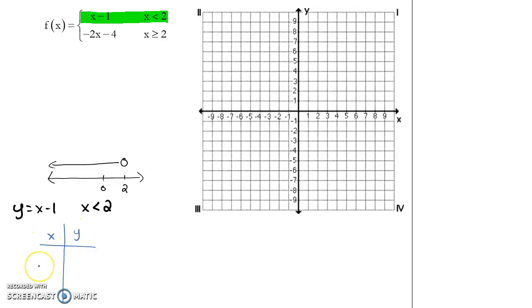Our first primary job is to pick an x value. The endpoint is 2. Now, what value do I want to pick for x? Then I pick a second one, but it has to be a solution. So I can't pick 3 or 4, 5 or 6. I have to pick a number that matches my graph.